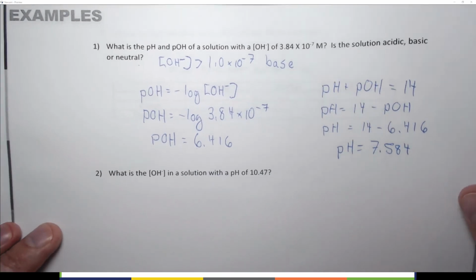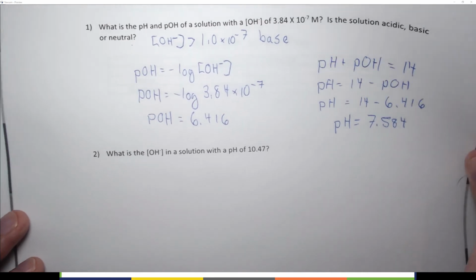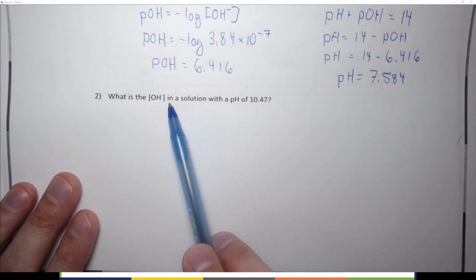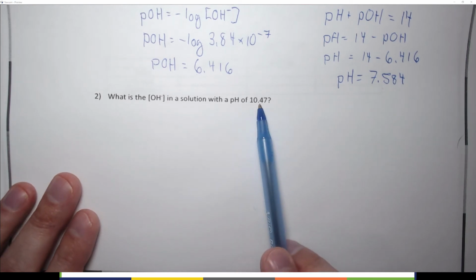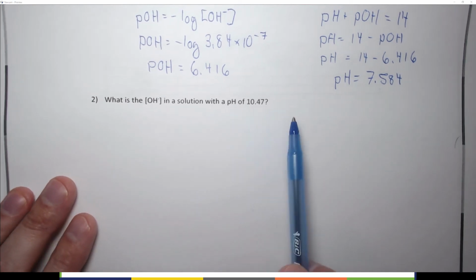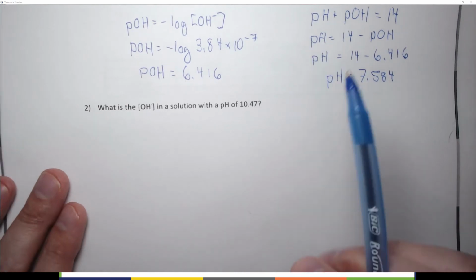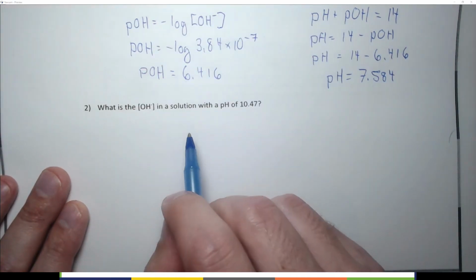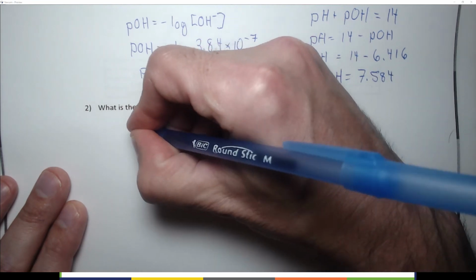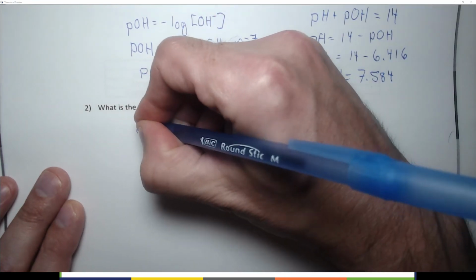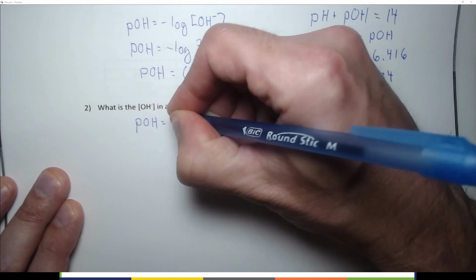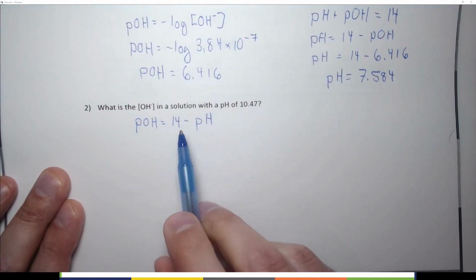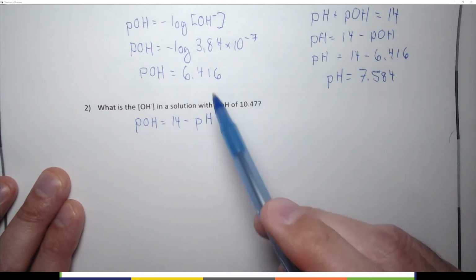All right. Next question. It says, what is the concentration of OH minus in a solution with a pH of 10.47? There are lots of ways to answer this question. I'm going to show you one of them. The first thing I would do is the pH plus the pOH equals 14, or the pOH equals 14 minus the pH, which we used in the previous question. All right, not this previous question, but one more previous to that.